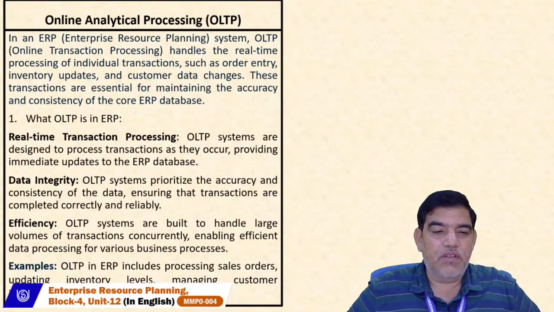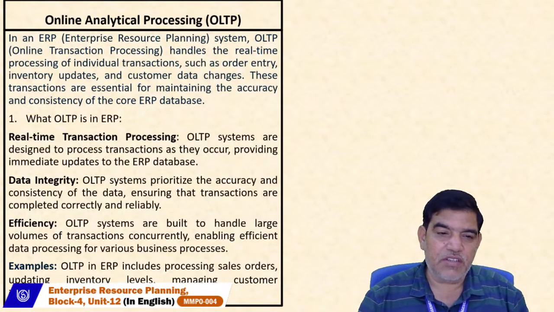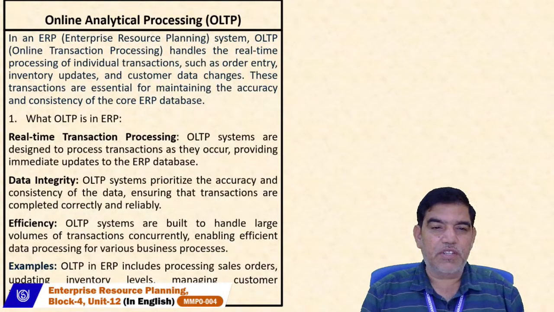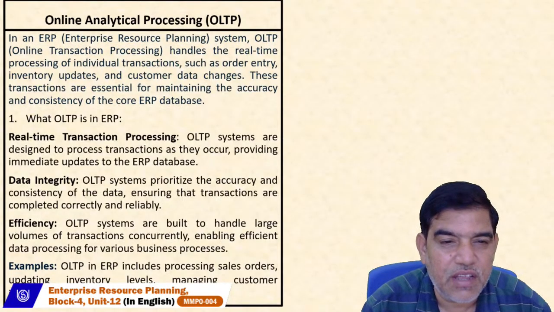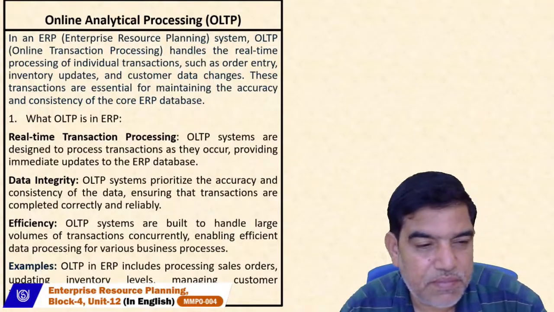Efficiency means the OLTP systems are built in such a way that they can handle a large volume of transactions concurrently, enabling efficient data processing for various business processes. In real-time transaction processing, OLTP systems are designed to process transactions as they occur, providing immediate updates to the ERP system. The best example is the ATM counter.